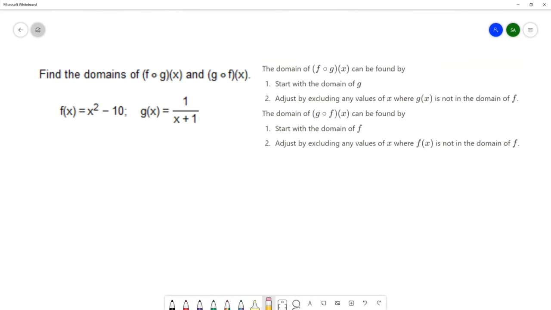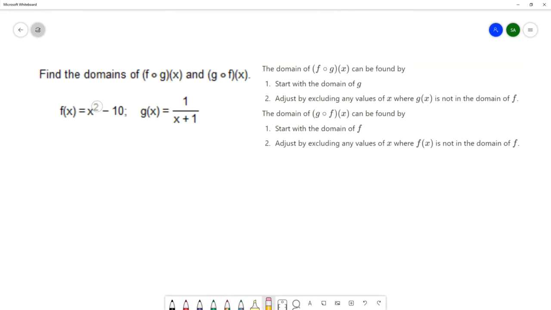So first, let's find the domain of f, which is x squared minus 10. As I look at x squared minus 10, this is what we call a polynomial function. And I know it's a polynomial function because it doesn't have any variables in the denominator, under radicals, inside absolute values. And then if I focus in on the power on x, it's one of the nice numbers.